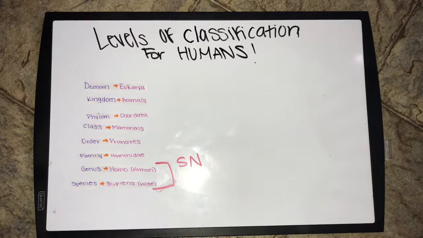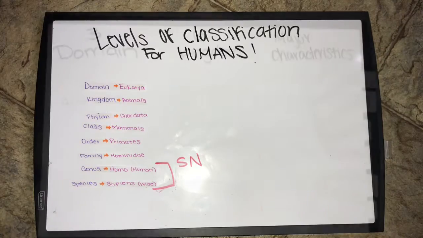If you are typing it, you will capitalize and italicize the genus, while the species will just be lowercase. But if you are writing it out, you will underline and capitalize the genus and leave the species lowercase. So now, let's talk about the 3 domains, the 6 kingdoms, and the major characteristics they have.